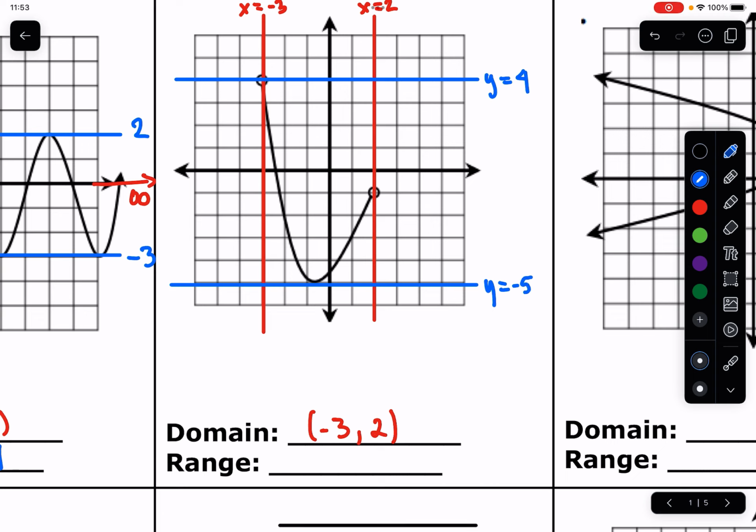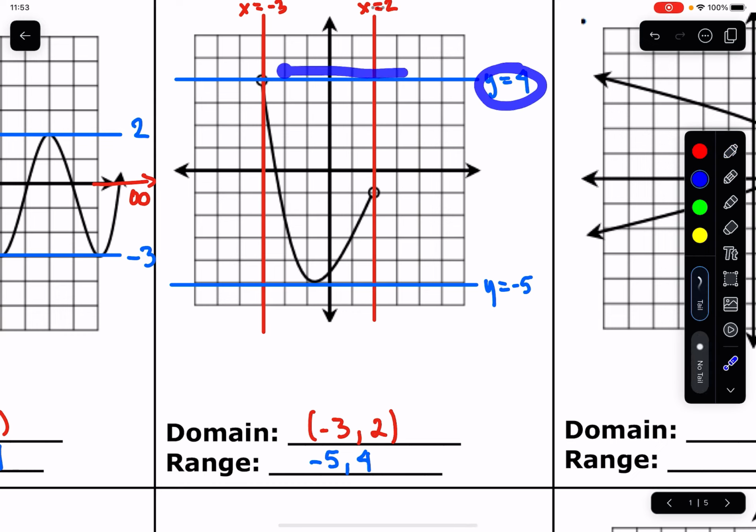So from down going up, the range of this thing is all of the y values from negative 5 to positive 4. At positive 4, we see that the graph ends up here at this open circle. So we're going to indicate that by using the normal parentheses.